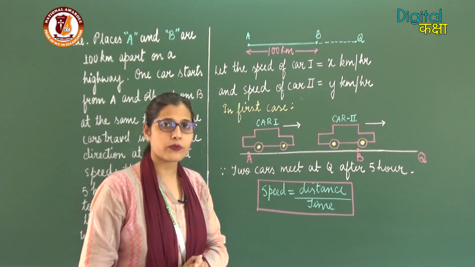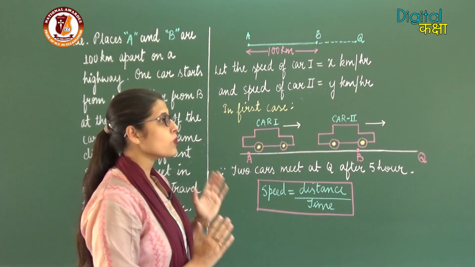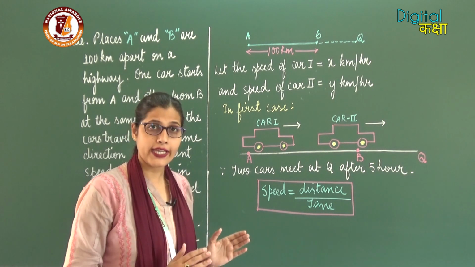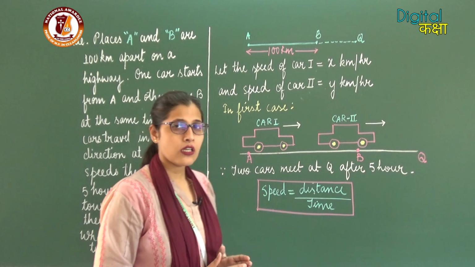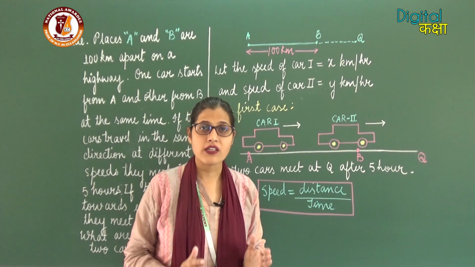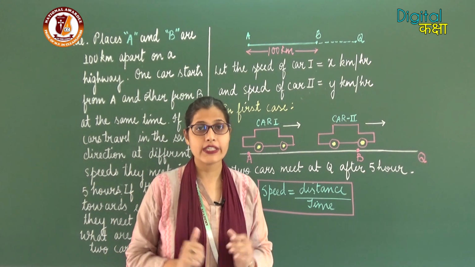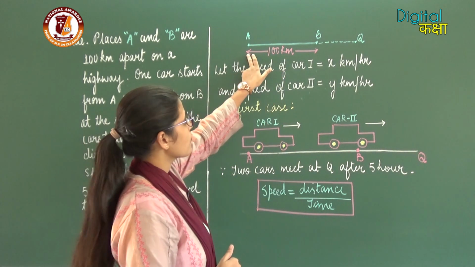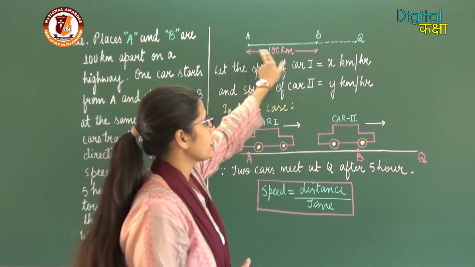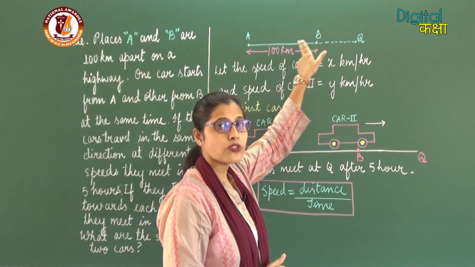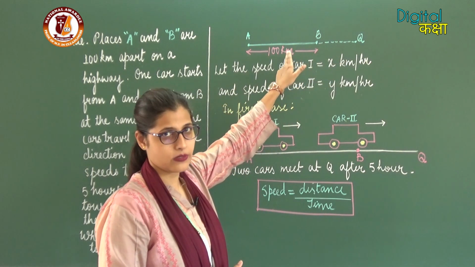As it is given in the question that the two places A and B are at a distance of 100 km from each other, we have marked the distance between A and B to be 100 km.